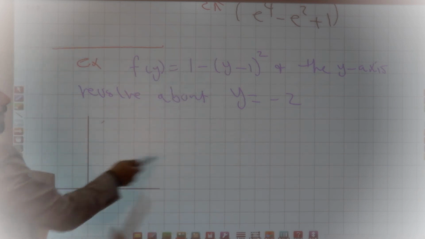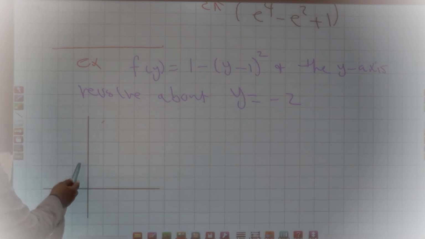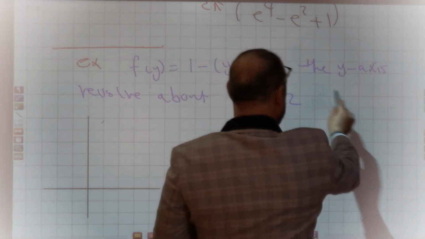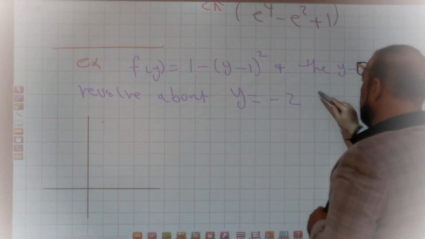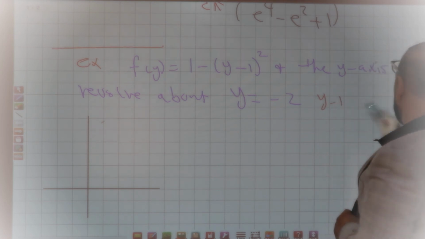I know that parabola. When x equals 0, y could be 1 or 0, right? If you solve it, let's see the values of y, I'm going to solve it here.